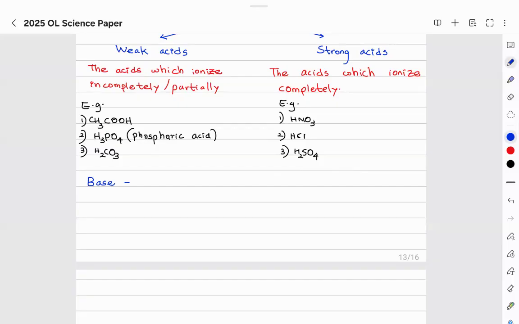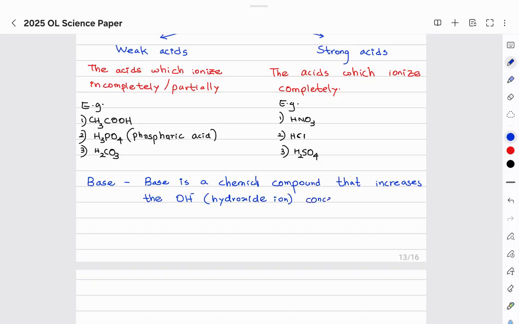So let me write down the definition for bases. A base is a chemical compound that increases the hydroxide ion, OH minus, concentration of an aqueous medium. Simply, we can say it is something that can release OH minus to the medium.